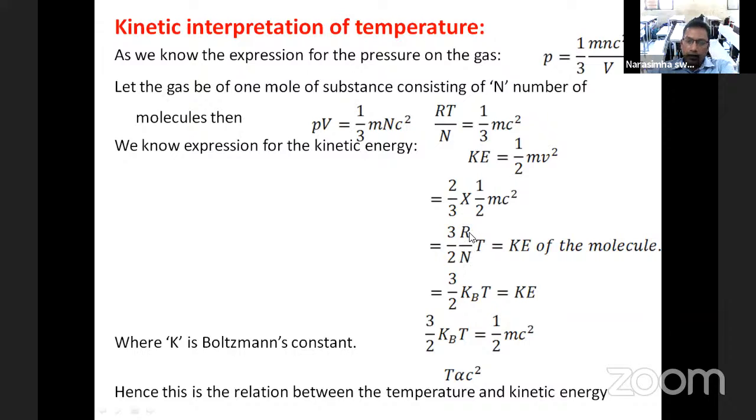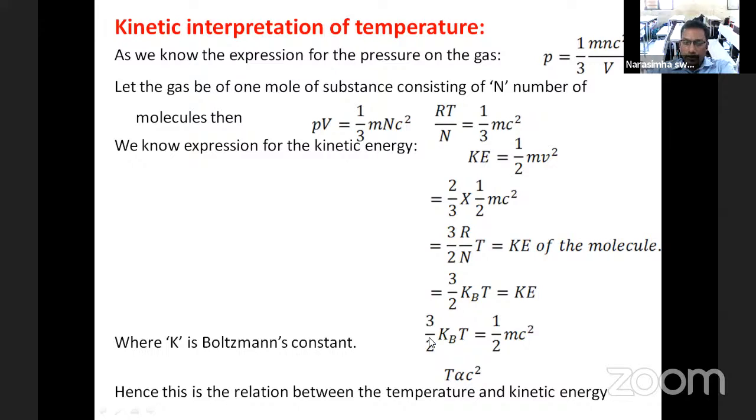R is constant, N is constant, and we take this as another constant, Boltzmann's constant. So 3/2 into the constant into T is equal to K, where k is Boltzmann's constant, and 3/2 kBT is equal to 1/2 mc², which is again the kinetic energy.